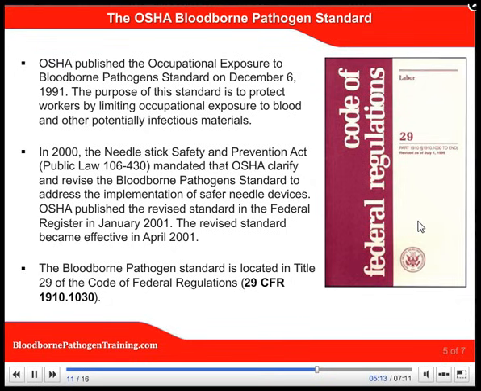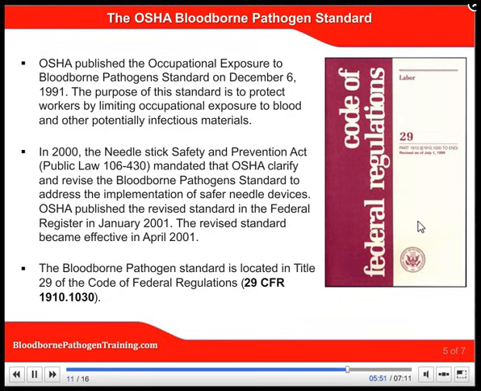The OSHA Bloodborne Pathogen Standard. OSHA published the Occupational Exposure to Bloodborne Pathogen Standard on December 6, 1991. The purpose of this standard is to protect workers by limiting occupational exposure to blood and other potentially infectious materials. In 2000, the Needle Stick Safety and Prevention Act, Public Law 106-430, mandated that OSHA clarify and revise the Bloodborne Pathogen Standard to address the implementation of safer needle devices.